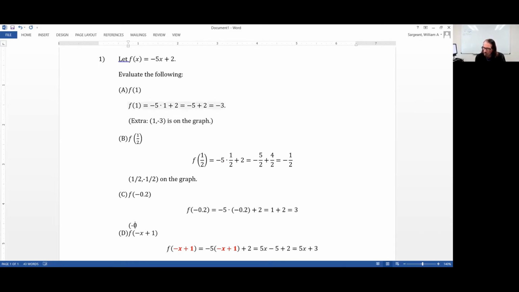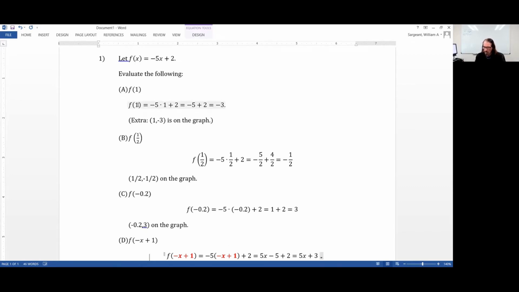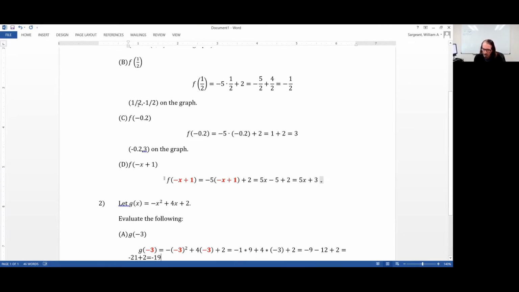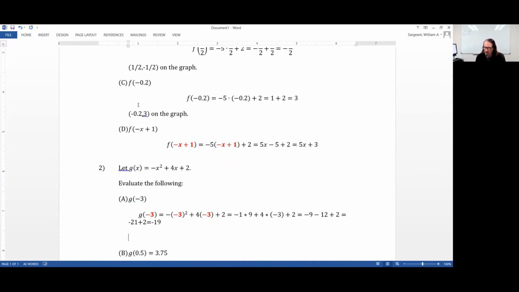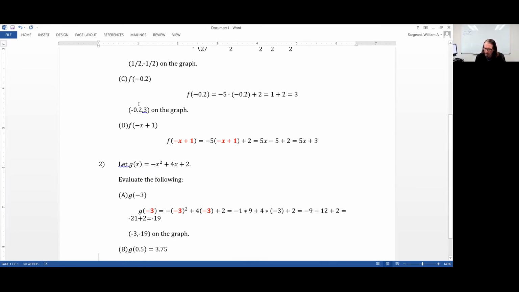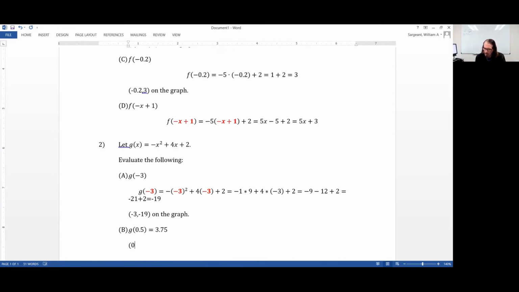Negative 0.2 comma 3 would be on the graph. For D, that wouldn't provide me any information. And then whatever the graph of y equals p of x looks like here, negative 3 comma negative 19 will be on the graph, and 0.5 comma 3.75 will be on the graph.